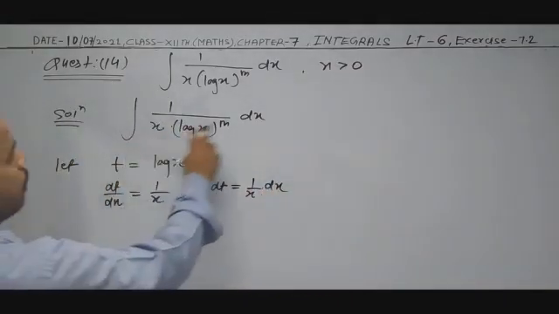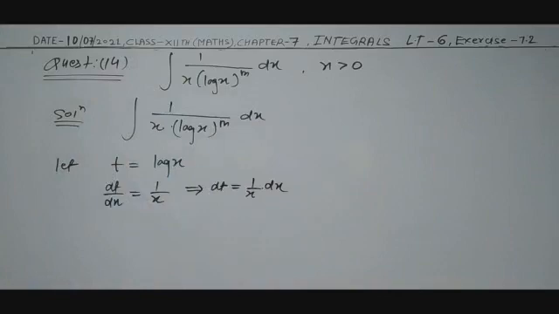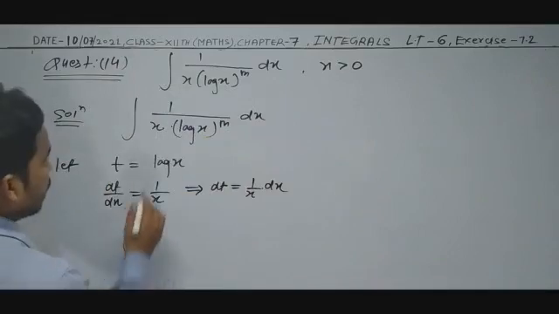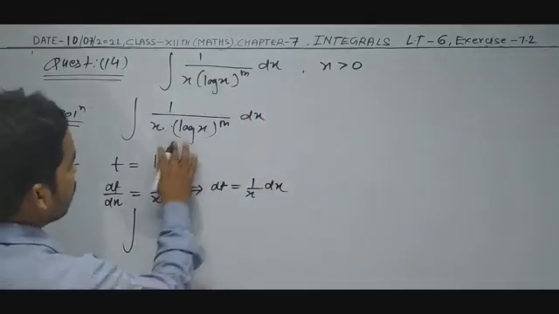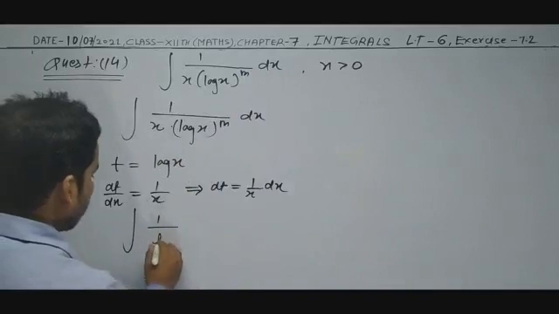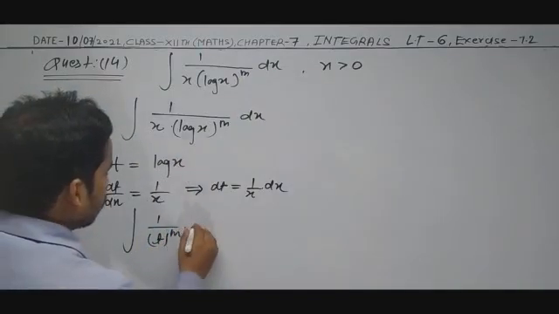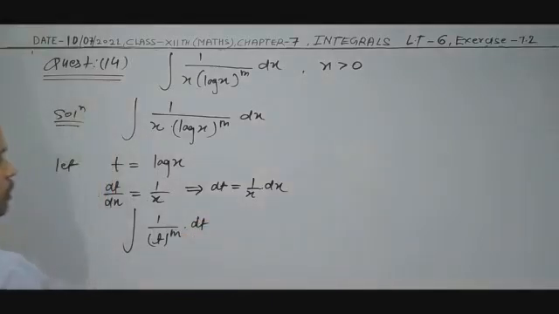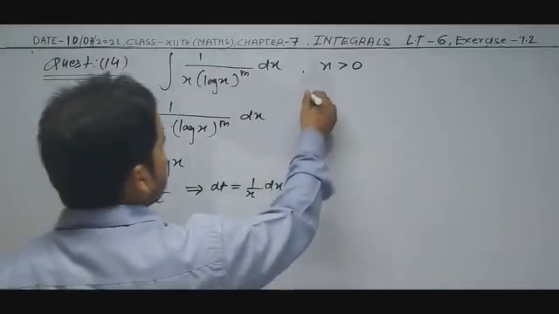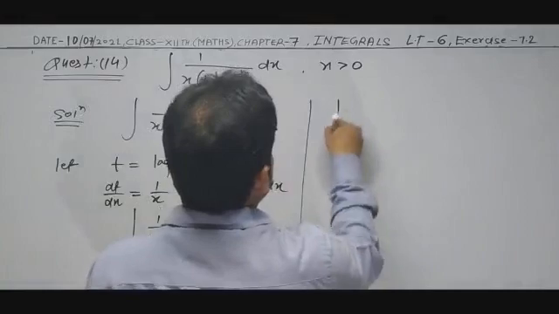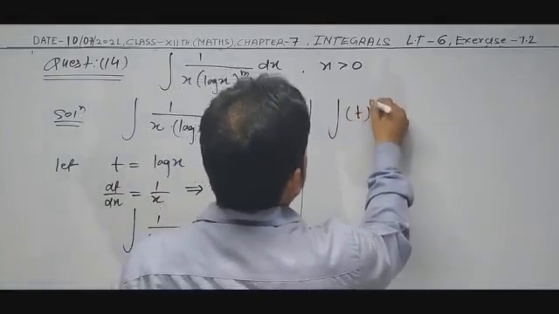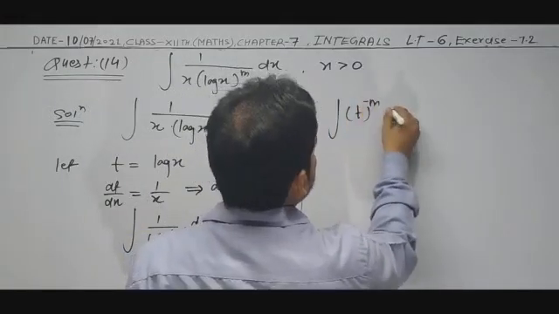In the given expression, 1 by x dx can be written as dt. So the integral converts: 1 by x dx becomes dt, and the rest is 1 upon t to the power m. So this expression can be written in the format integration of t to the power minus m dt.